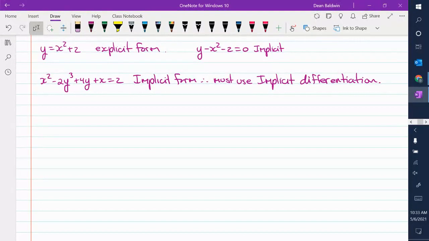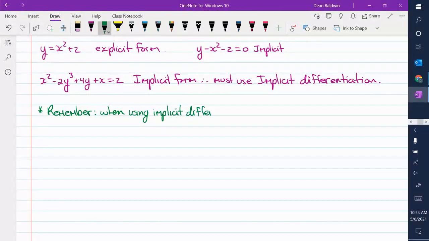There's a key point to remember here: be careful of which variable you are deriving with respect to.